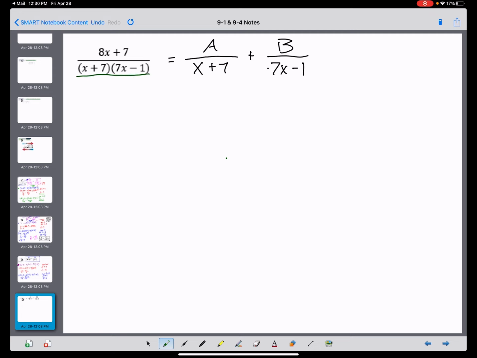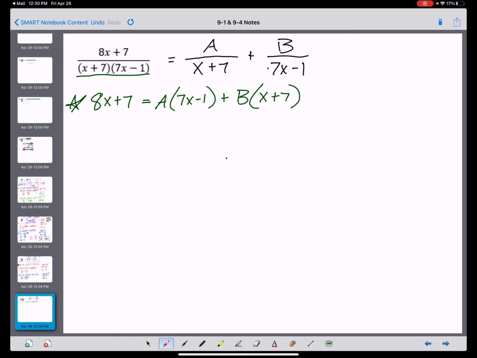This denominator here, and that's going to give me 8x plus 7 equals A times 7x minus 1 plus B times x plus 7. All right, so this is the one I'm going to be referring back to.